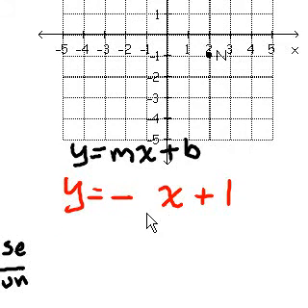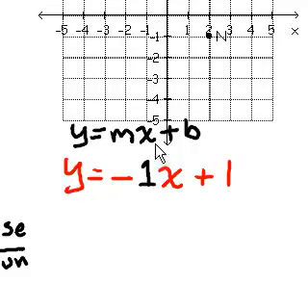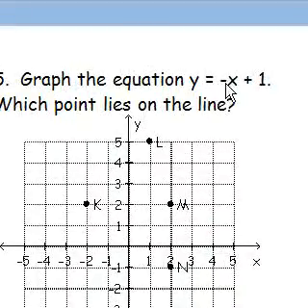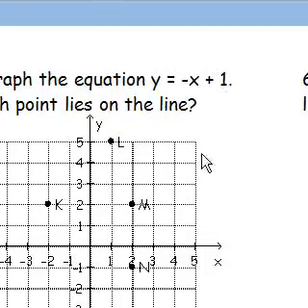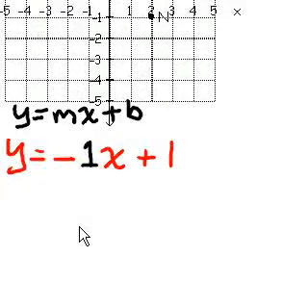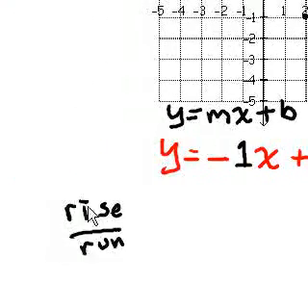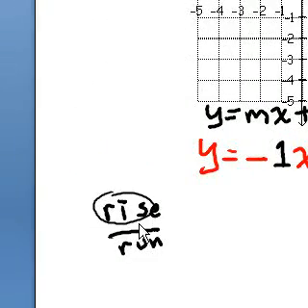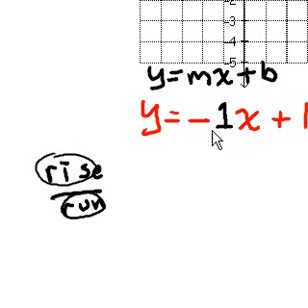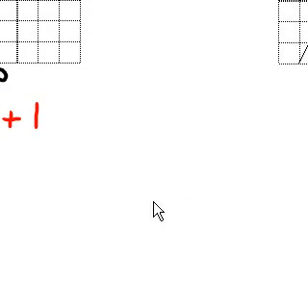Well, what number can we think of as being in front of this x? We can think of a 1 as being in front of that x, right? y equals negative 1x plus 1. And since I like to actually be able to see the rise and the run in my equation, I like to put that negative 1 over a denominator of 1.